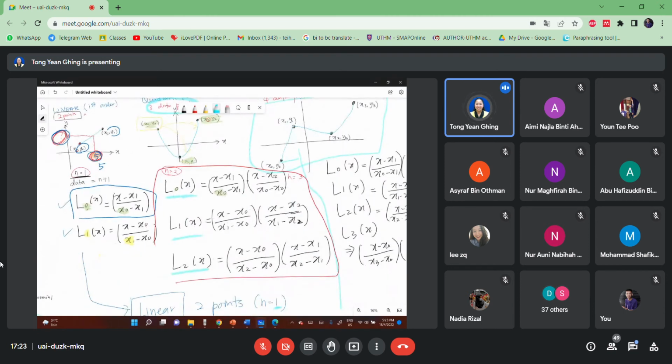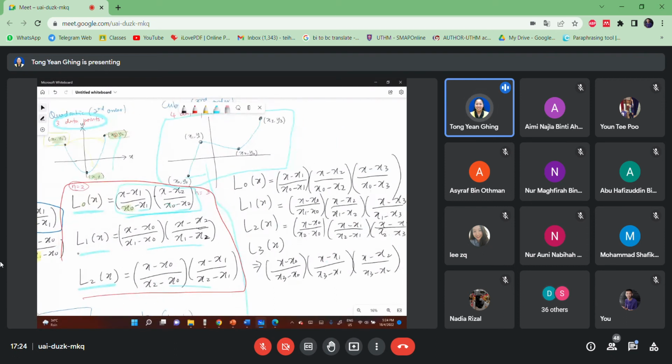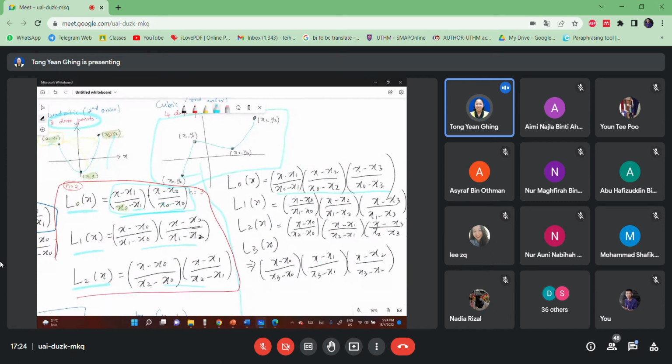Lepas tu kena multiply how many times. If let's say we have 3 data points, the weighting function will be like this. Have 2, because we have x0, x1, x2. Kalau let's say we have 4 x, that means the weighting function, the byproduct of this one will be longer.